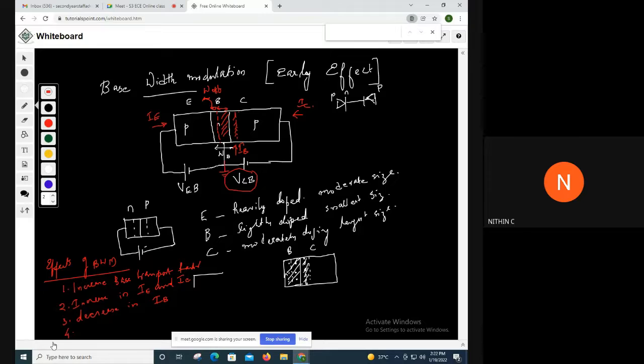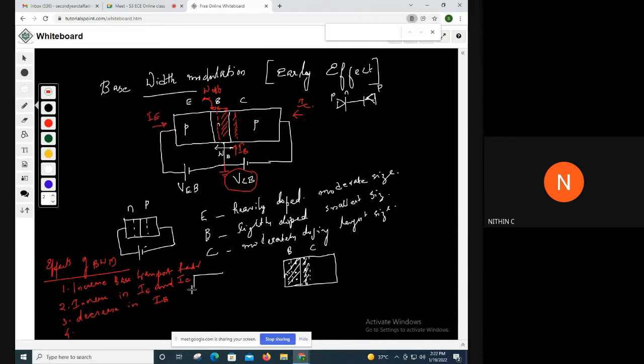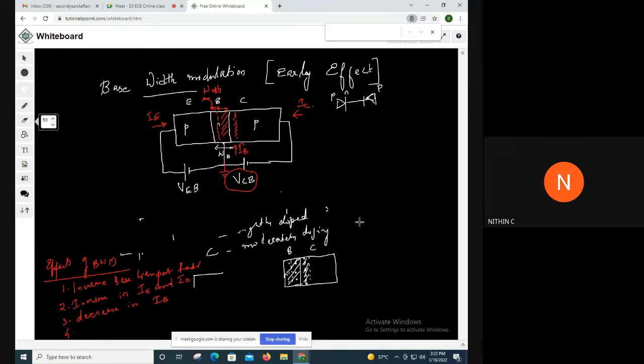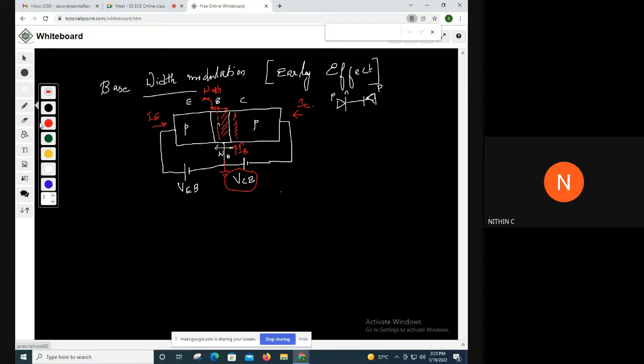So you can note these three points, put number 4, and leave the space. Have you completed this much? Okay.